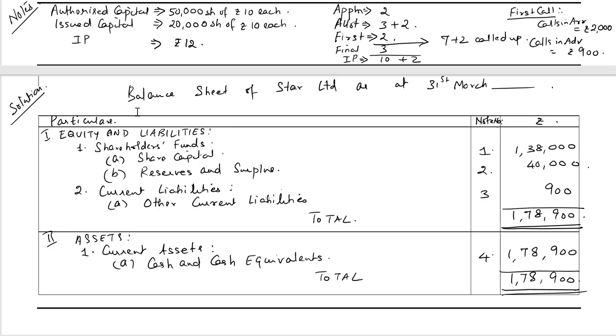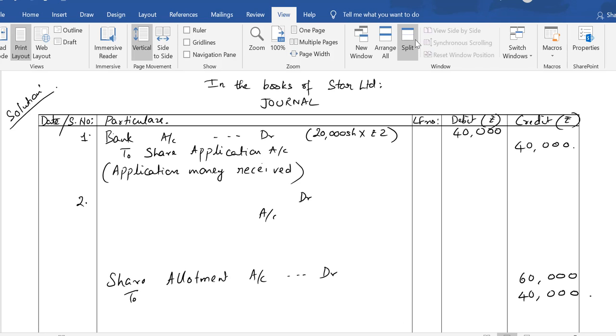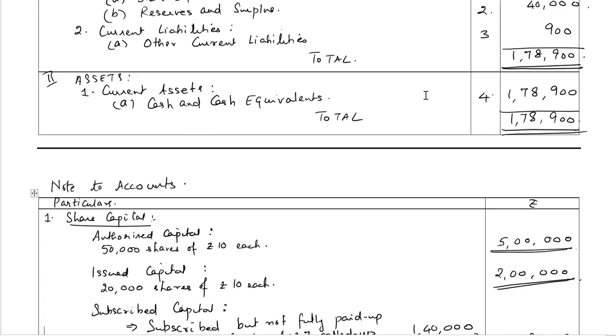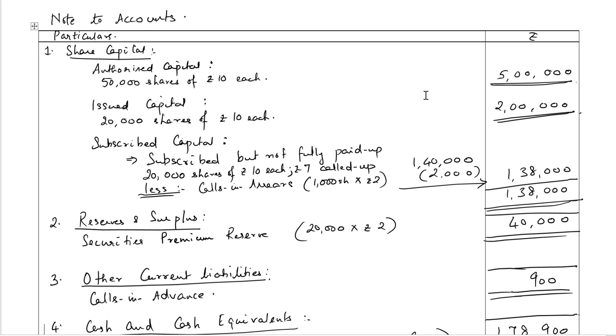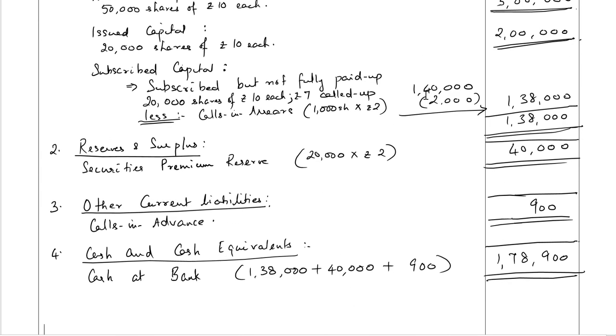So we've completed the balance sheet. I will remove the split and we can view the balance sheet together. This is the balance sheet, the first half of the screen, followed by the notes to accounts. This is the first part. And this is the second part.